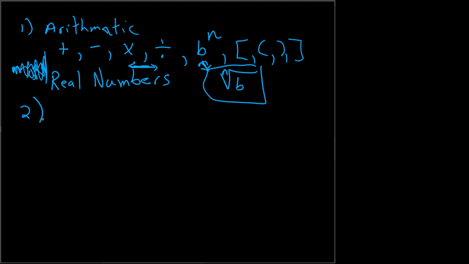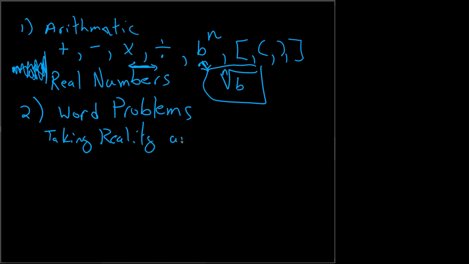And then we focused on word problems, which is what you guys are getting ready to be examined on. And that is taking reality and measuring it, putting a number to it, putting a quantity to it.